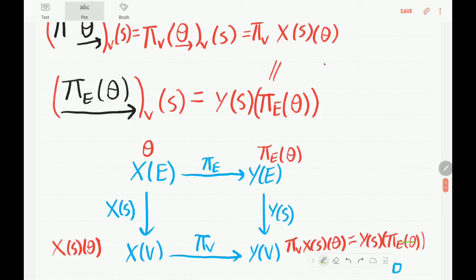And look, this equality here is exactly saying that these two things are indeed equal.